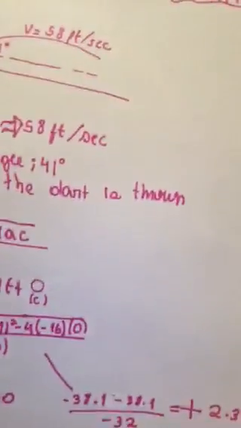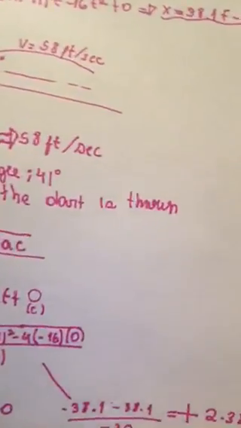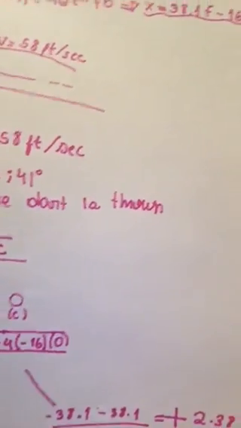And then when is going to be the maximum time? Let's see again: find the maximum height of the dart, and at what time will the dart reach the maximum height? Well, we just found the time, so it's going to be 1.2 seconds. And how are we going to find out the maximum height? We're just going to plug it in the formula.